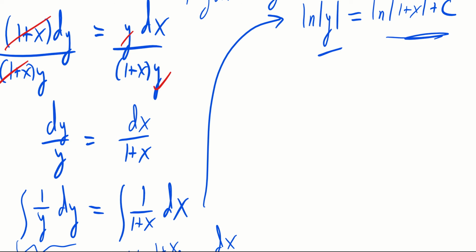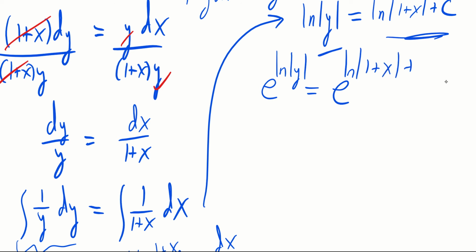And now we can do a little bit better on this. We can actually solve to get y by itself. To get rid of the natural log, we want to raise both sides to the e power. That's going to look like this: e to the natural log of the absolute value of y is equal to e to the natural log of the absolute value of 1 + x plus c.